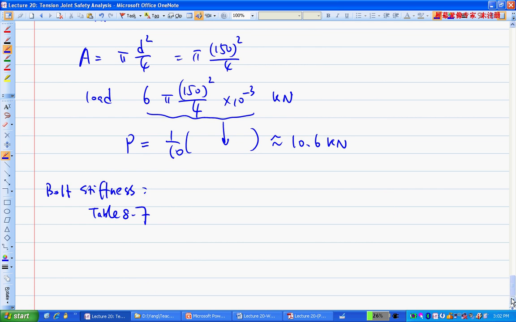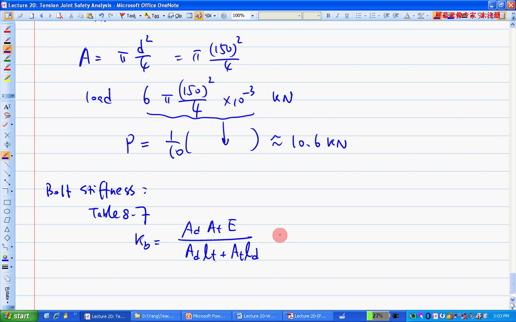Let's say in my particular case, I obtained my bolt stiffness kb. The formula is kb equals Ad At E over (Ad lt plus At ld), so you need to find lt and ld; Ad and At can easily be found.